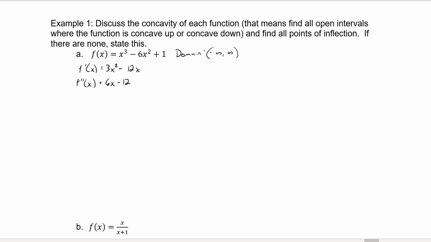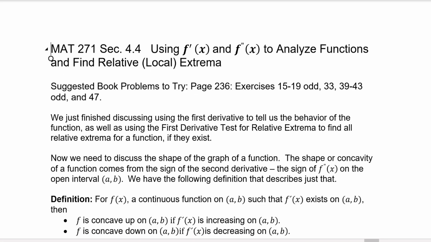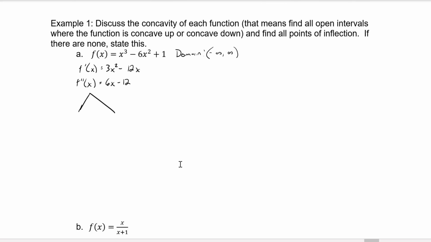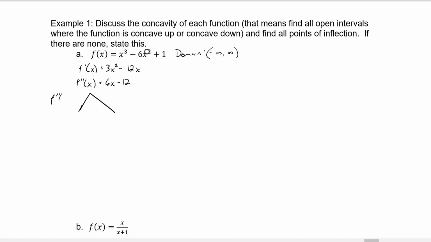All right. So finding all points of inflection, or possible points of inflection, what we have to do is we have to find all the x values where f double prime is equal to 0 or is undefined. So the same exact method of thinking that we used before. f double prime of x undefined, f double prime of x equal to 0.